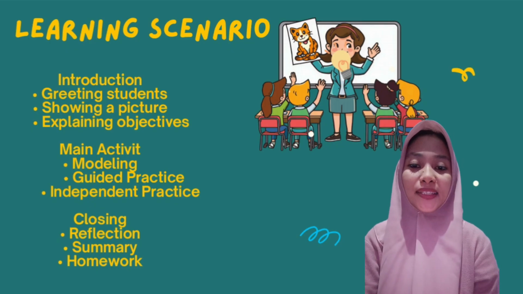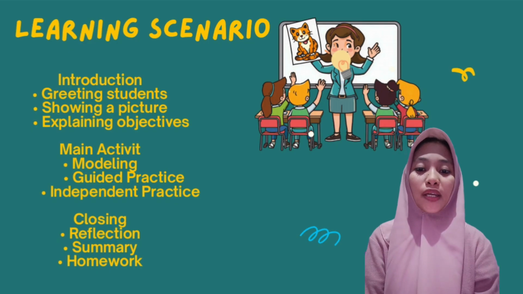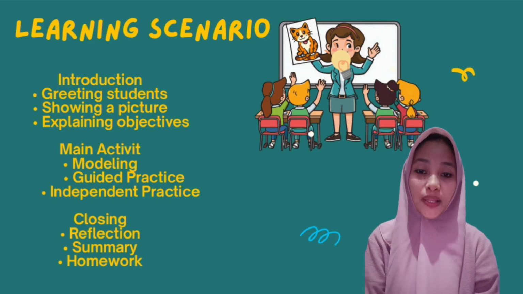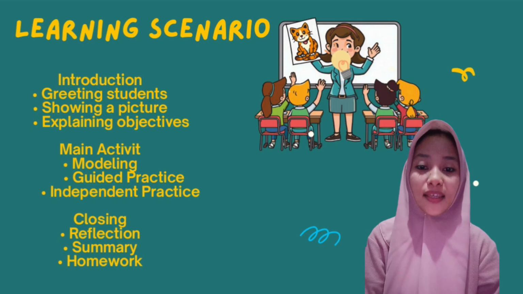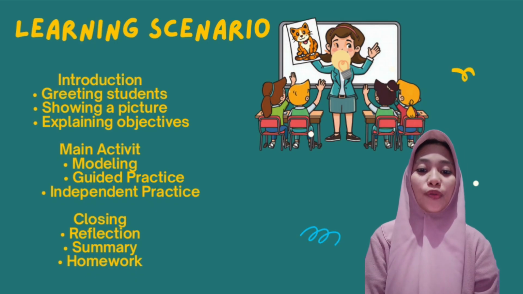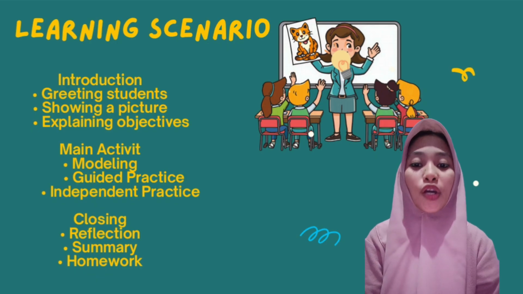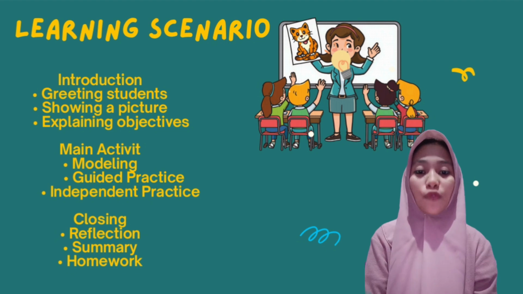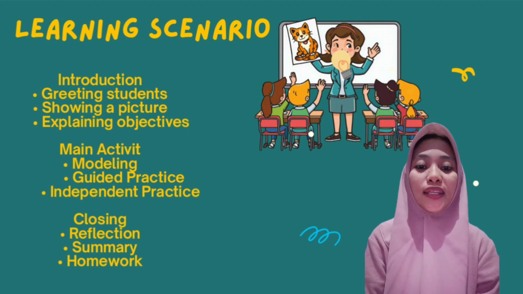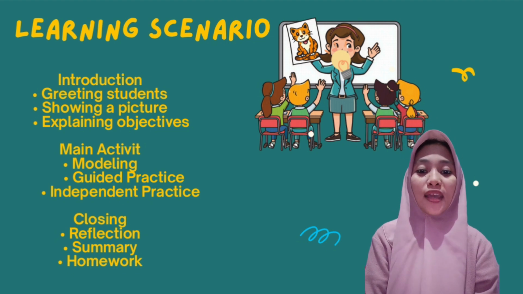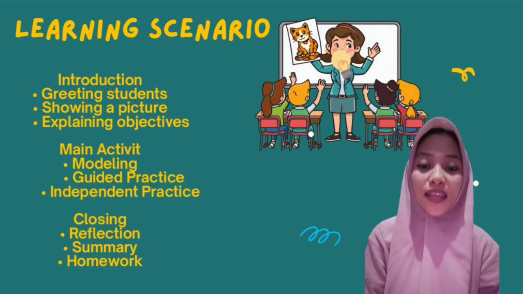During the main activity, the teacher explains the material, gives an example of a descriptive text, and asks students to identify its structure. After that, students practice writing descriptive sentences together with the teacher before writing their own descriptive paragraph independently.